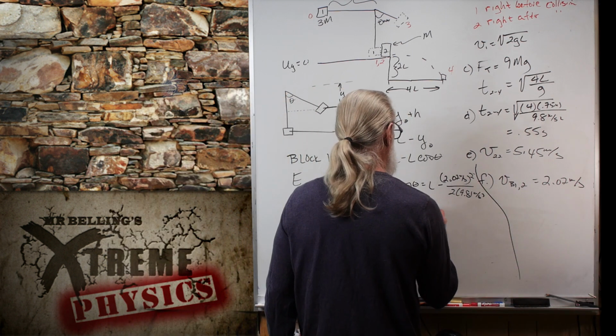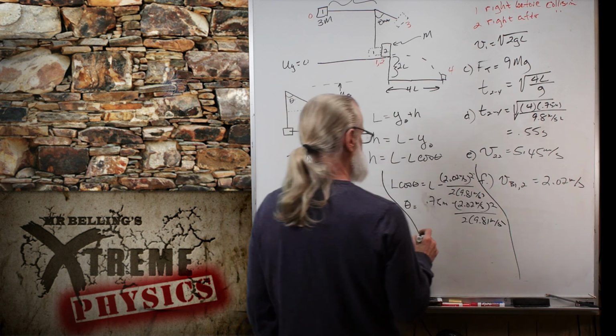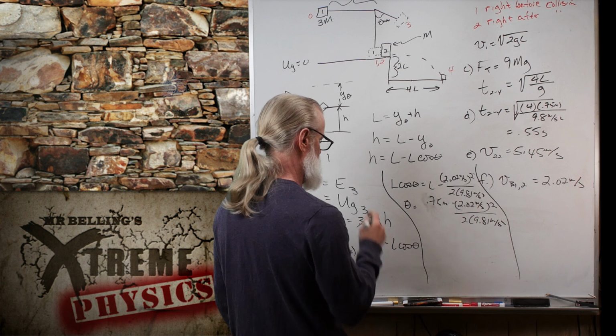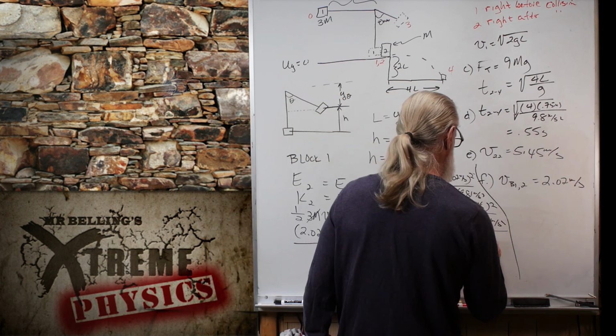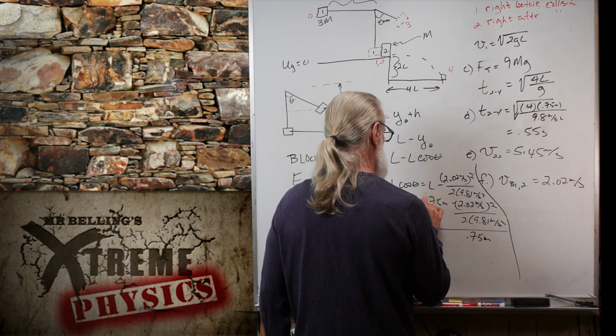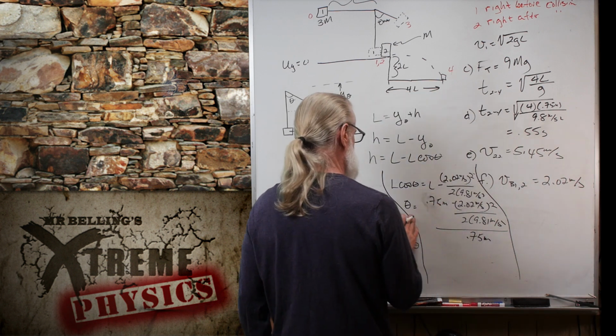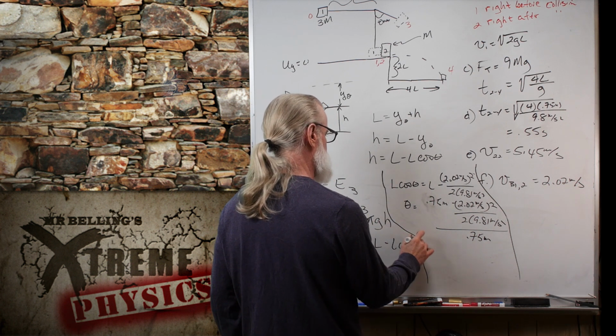Theta is going to equal, I'll plug my numbers in now, I guess. And what I do, I'm going to divide that by 0.75 meters. And this is going to be the inverse cosine. All right. Really running out of room. I wish I had a bigger board.